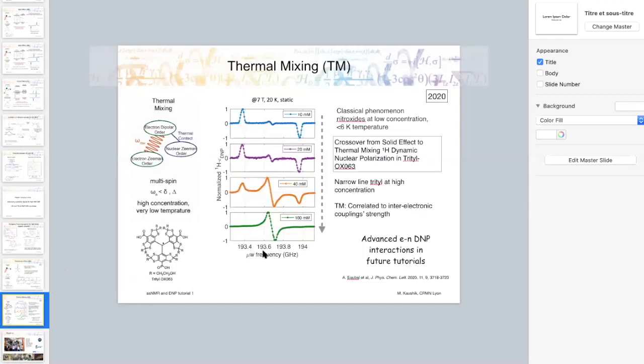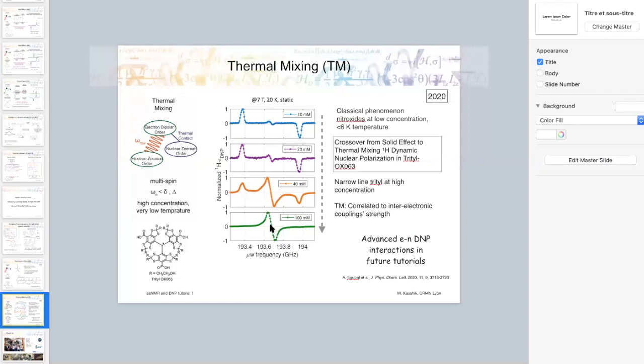Thermal mixing, I don't have a field profile for thermal mixing in mind. So I think that in thermal mixing, you would get a dispersive one, kind of like the green one you're pointing at. It comes from you form a temperature across the EPR line.